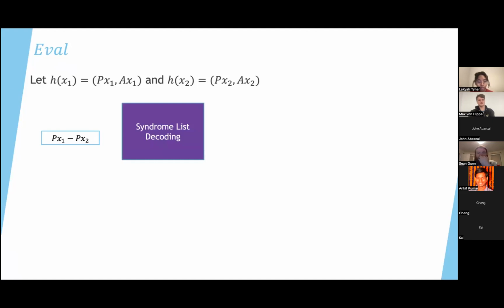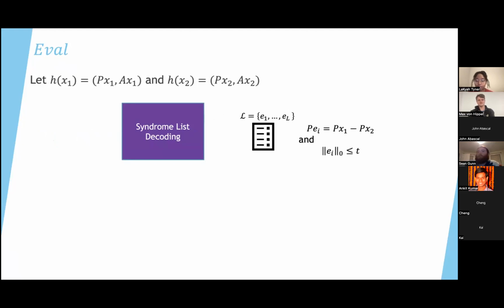We compute the difference between PX1 and PX2, and then we perform syndrome decoding to again retrieve this list of possible error vectors, such that for every e_i in that list, P times e_i is equal to P times X1 minus P times X2. Additionally, the Hamming weight of each of those e_i vectors is less than or equal to t. If there exists an e_i in that list such that A times e_i is equal to A times quantity X1 minus X2, then we output 1.